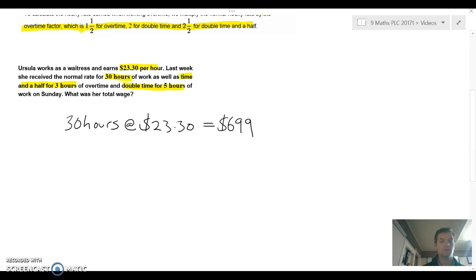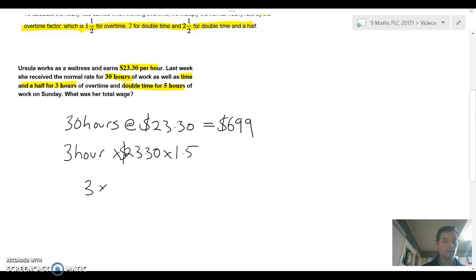But we've now got to also calculate the time and a half for 3 hours. So if she's worked 3 hours and she gets the normal rate of pay, that's $23.30, but it's time and a half, so we're timesing it by 1.5. So let's just neaten this up so it makes sense here.